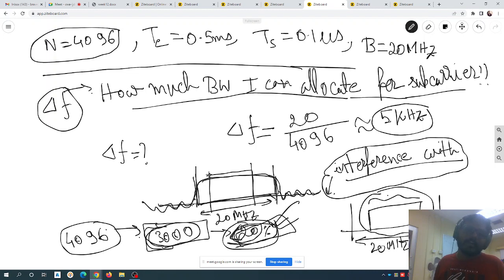They will say that you cannot use the whole band, at least leave some 20% of it, so that you do not create interference for your nearest neighbor. Is it clear? So from there the sharp cutoff fails like this.